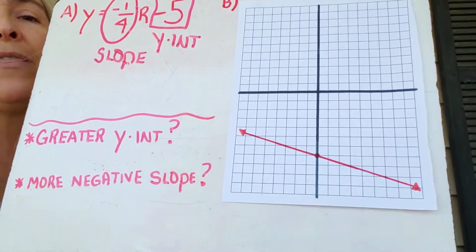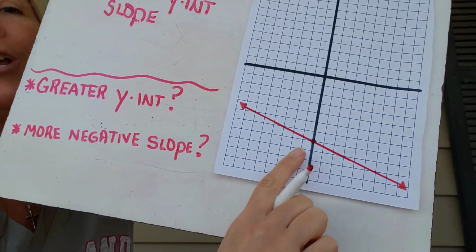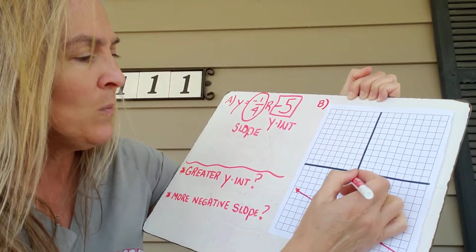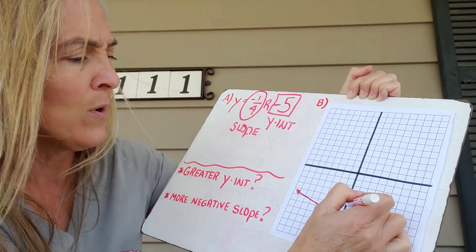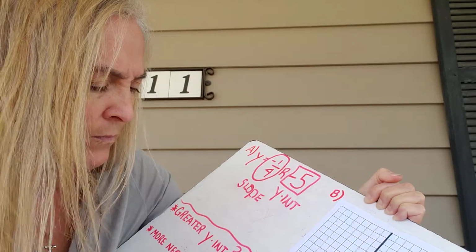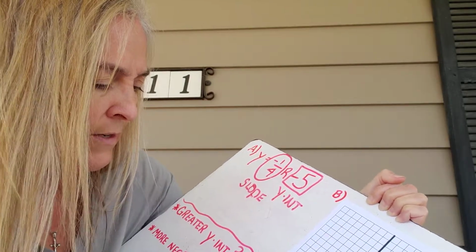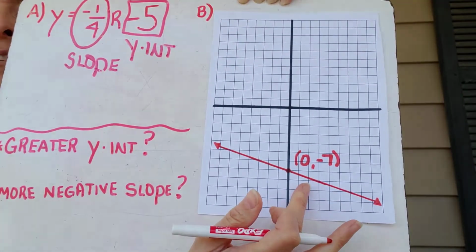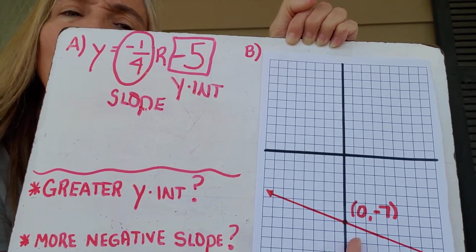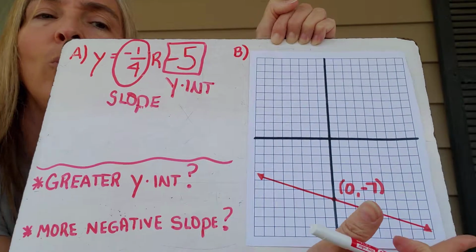When you look at this graph right here, you know that your y-intercept is right there, which happens to be at 1, 2, 3, 4, 5, 6, 7. So 0, -7 is your y-intercept, and you know that you can count your slope by doing rise over run.